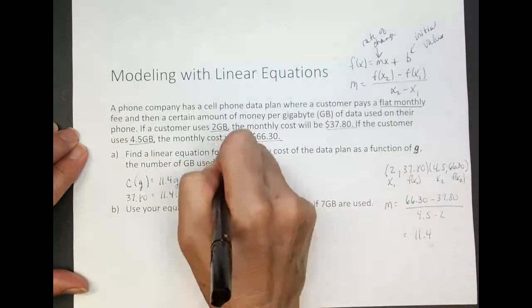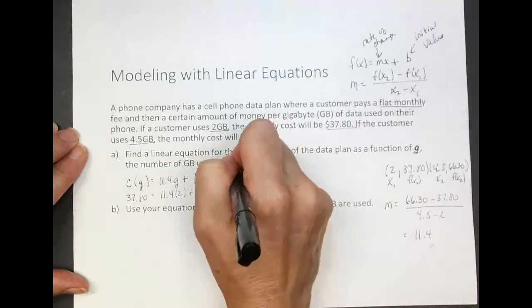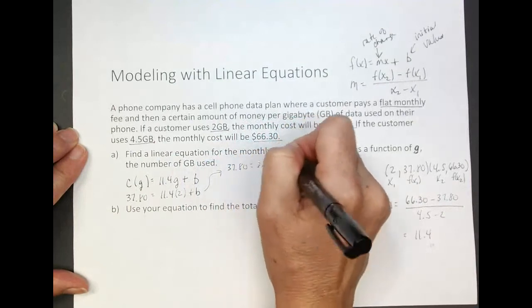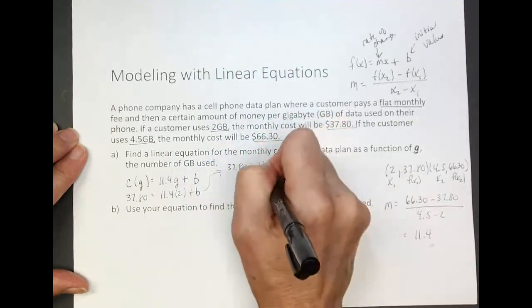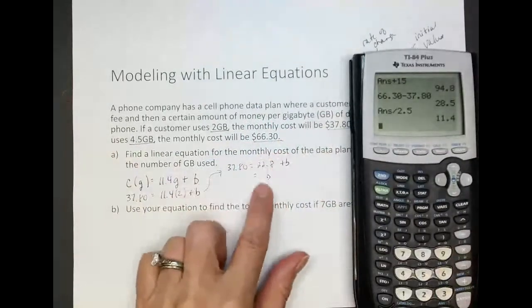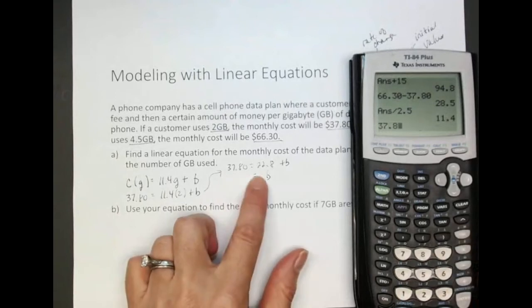And I would just solve for b. Well, 11.4 times 2 is 22.8. 37.80 is going to be 22.8 plus b. Subtract that 22.8 from both sides, and I know that b, my flat monthly fee, is going to be 15.